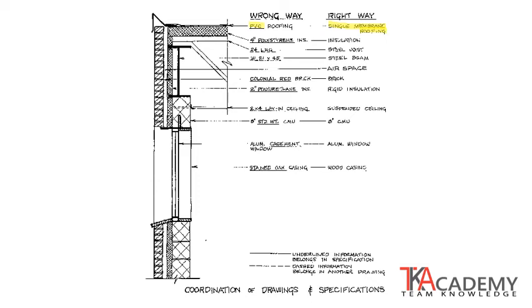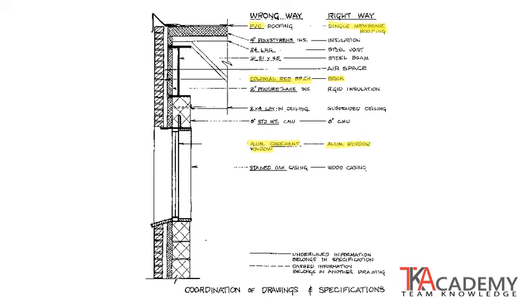Another example a little farther down the list, colonial red brick. We would not indicate the color on a drawing. Rather, we should just indicate it as a brick or a face brick. Same coming down here with aluminum casement window. That tells what type of window. We just need to indicate more generic information, aluminum window.